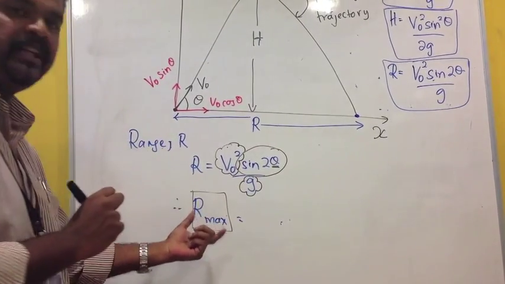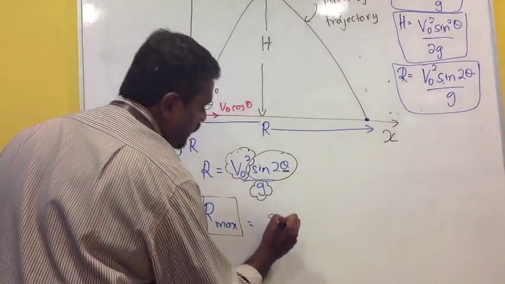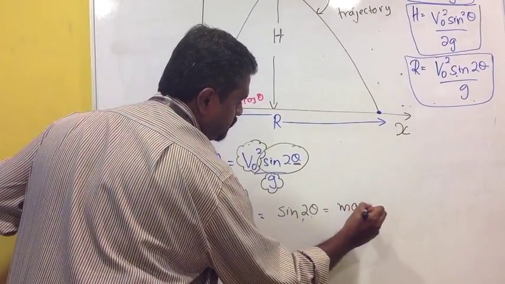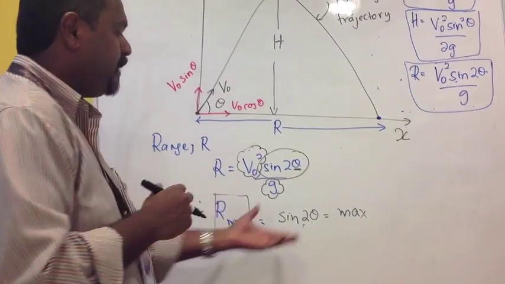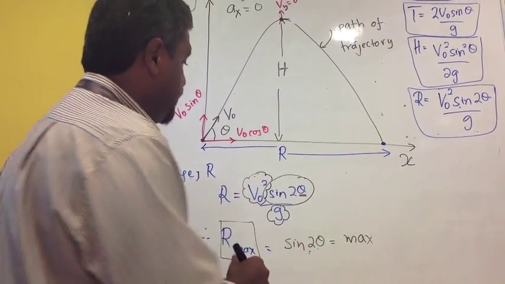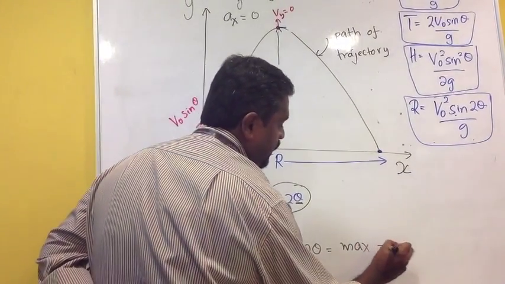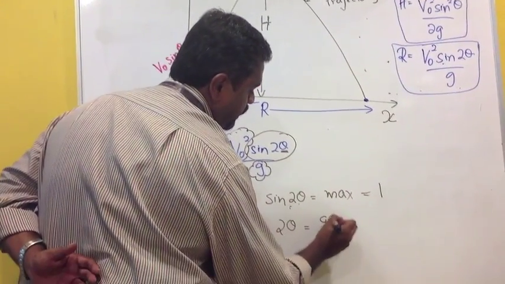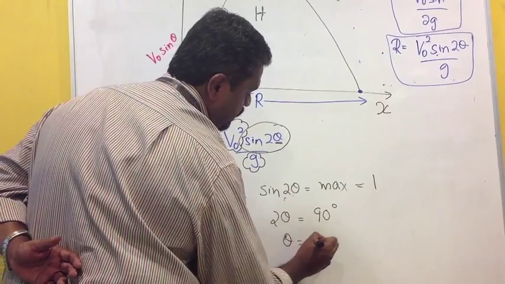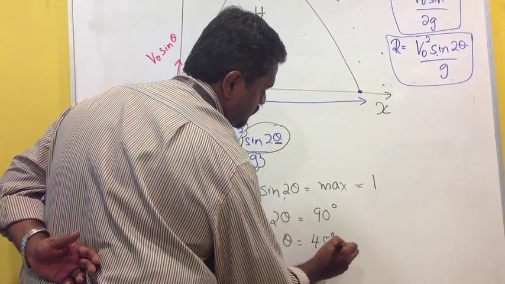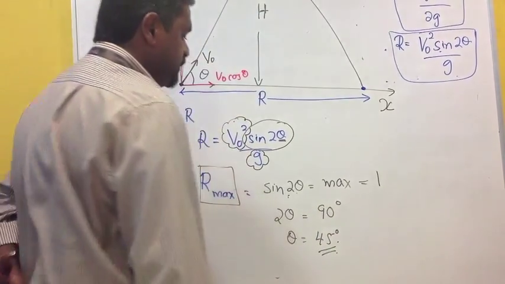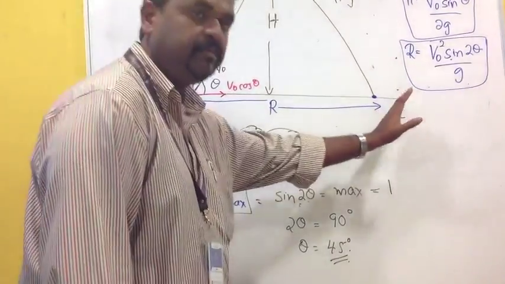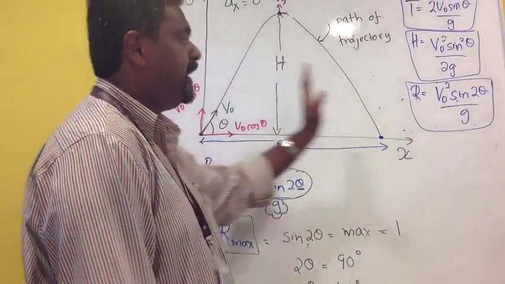So for R to be a maximum, sine 2 theta must be maximum. And everyone knows that the maximum value of a sine curve is 1. So when sine 2 theta equals 1, 2 theta equals 90 degrees, therefore theta equals 45 degrees. So when theta equals 45 degrees, the range attained by the object will be at its maximum.